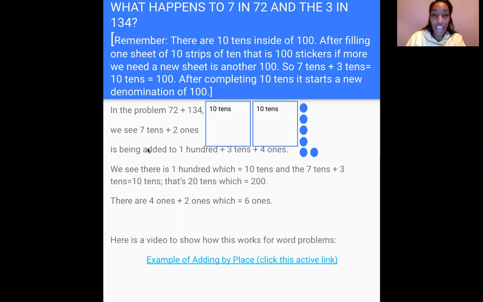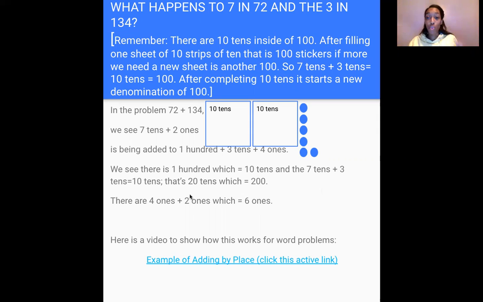So 7 tens is being added to that 100 and that 3 tens. So there was already 100 there. That 100 is the same as 10 tens. So there was already a group of 10 tens. And now we have 7 tens and 3 tens, which makes another group of 10 tens. So that 100 is 10 tens. And the 7 tens and the 3 tens is 10 tens.